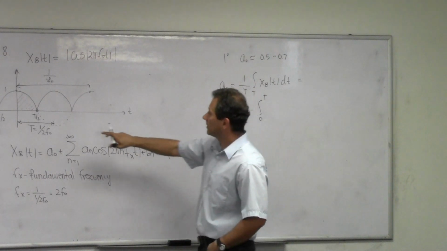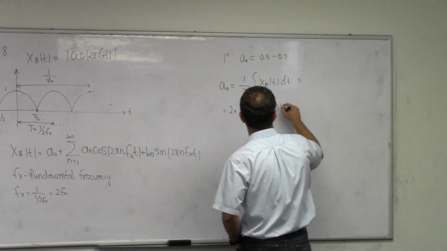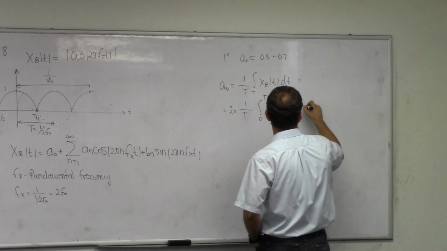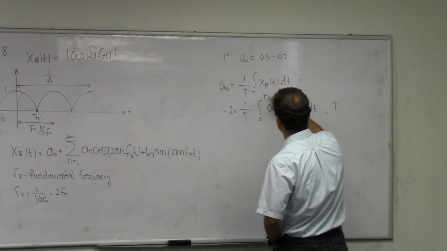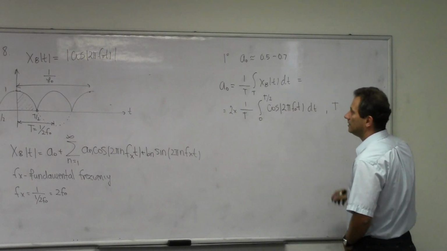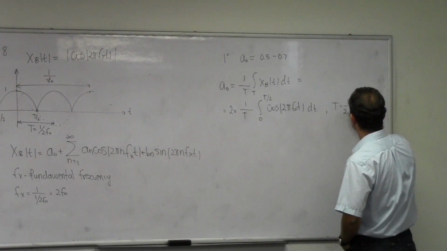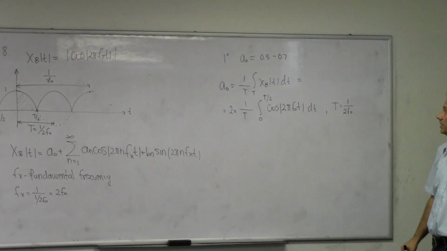So what is the value of the function here? It's just cosine 2 pi f0 t dt. And this is T over 2, and T, as you see from there, is 1 over 2f0. That's the period.